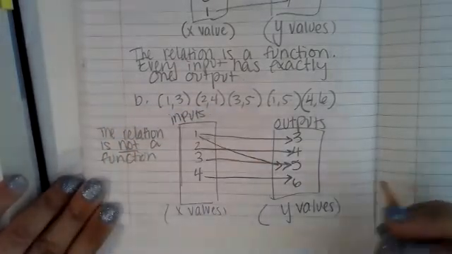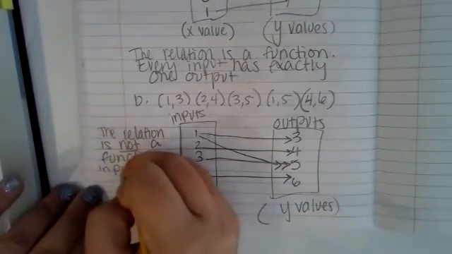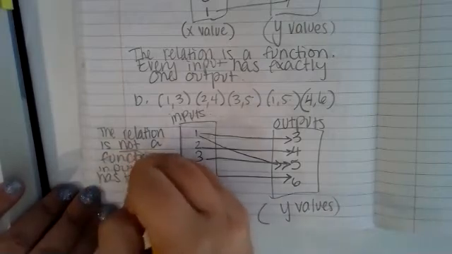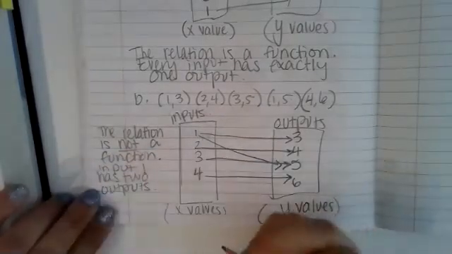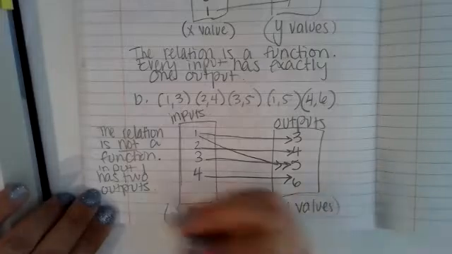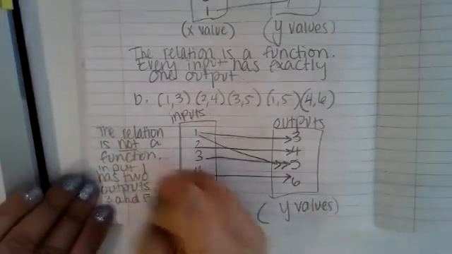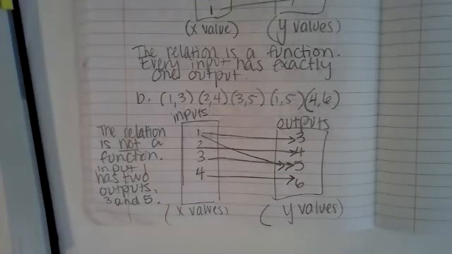And then we would say the reason why. Input 1 has 2 outputs, and then we would say what those outputs are, 3 and 5. So we're identifying the reasoning behind why it's not a function, and we're giving the mathematical evidence to back up the reason.